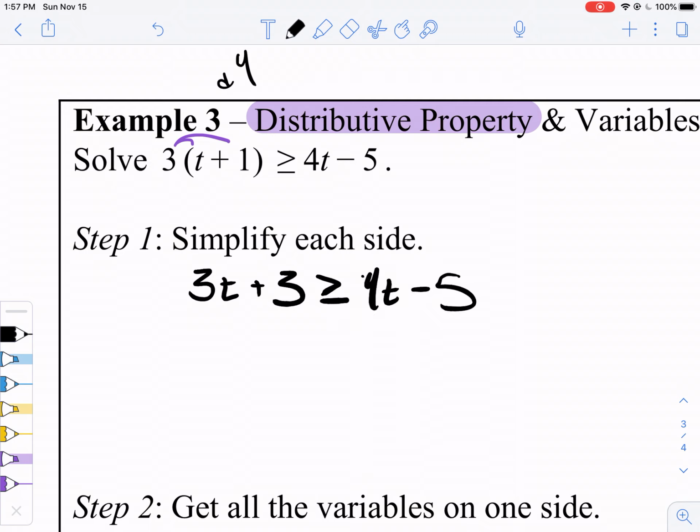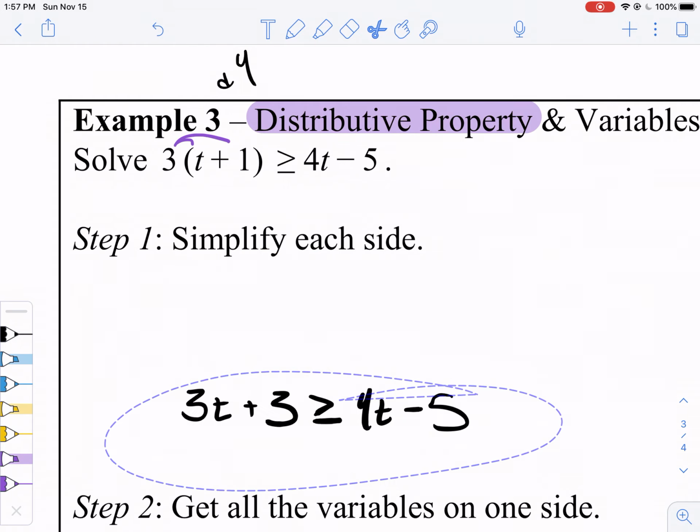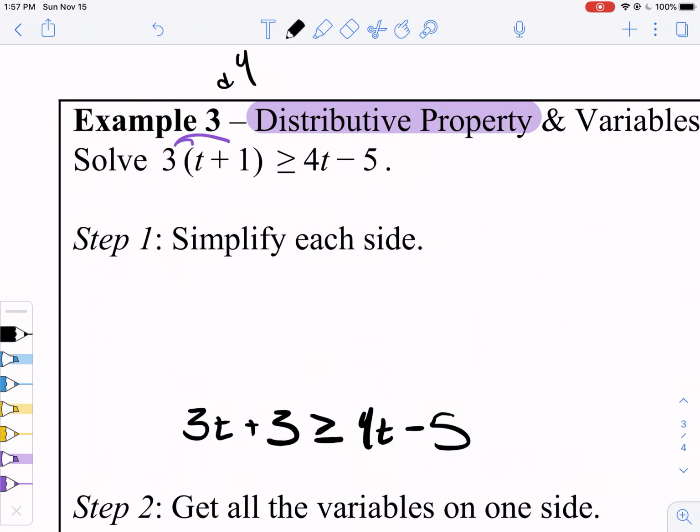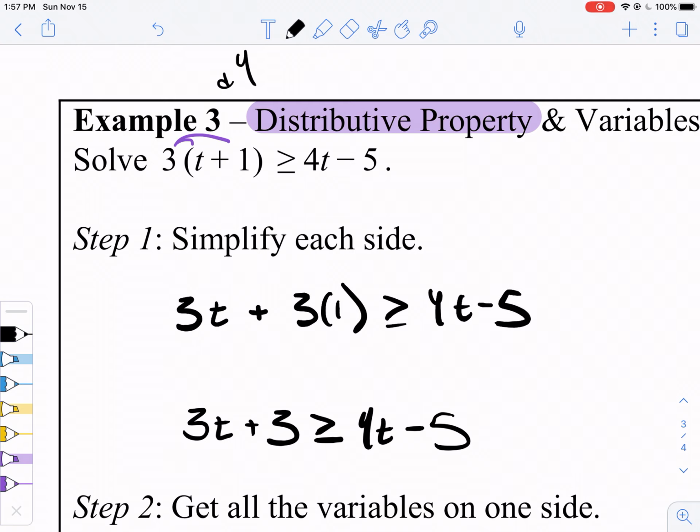And now, we want to get all the variables to the same side. But you know what, guys? I'm going to go backwards real quick and show you what I just did. So we did 3 times t plus 3 times 1 is greater than or equal to 4t minus 5. This is because we took this 3 and distributed it, 3 times t plus 3 times 1, to the t plus 1 right there.